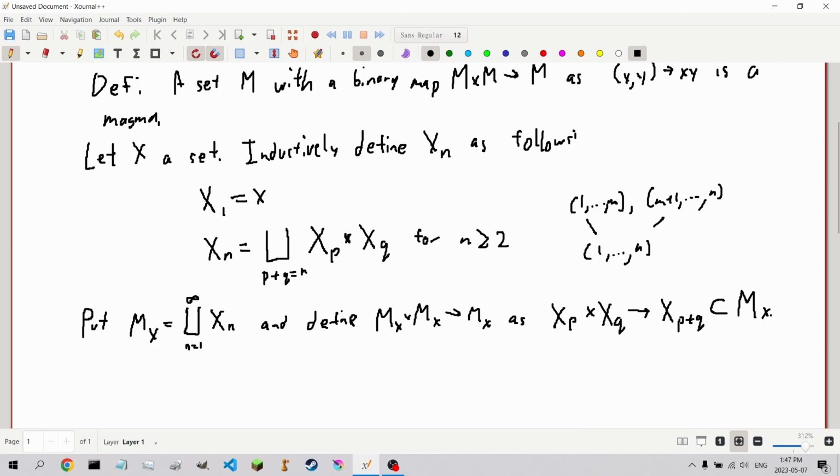You can get this Xp times Xq into X(p+q) more formally from our second condition here with the disjoint union.